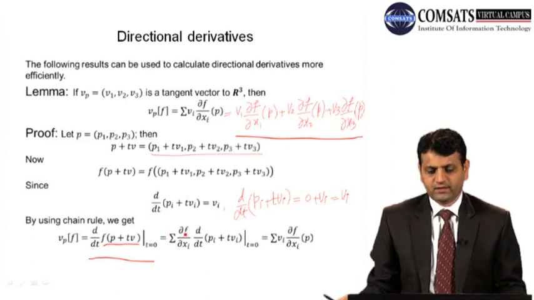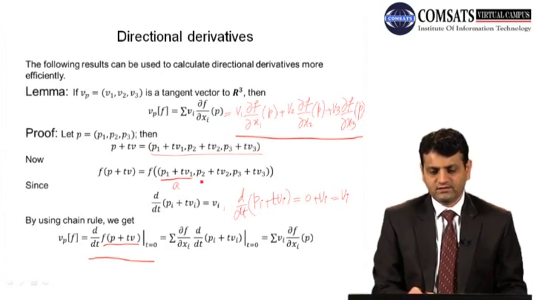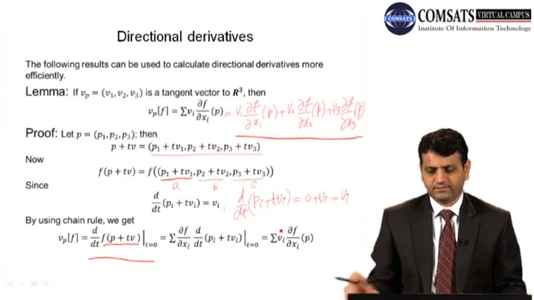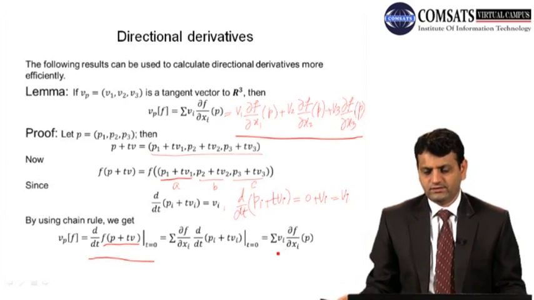The chain rule gives partial f by partial x1 d by dt of p1 plus tv1, where this number is a, this number is b, and this number is c. So it is partial f by partial x1 d by dt of p1 plus tv1, plus partial f by partial x2 d by dt of p2 plus tv2, plus partial f by partial x3 d by dt of p3 plus tv3.